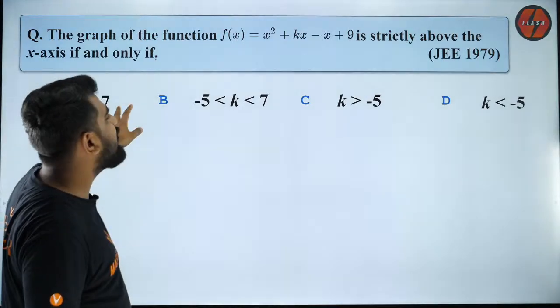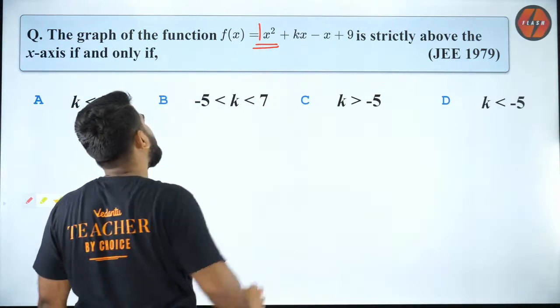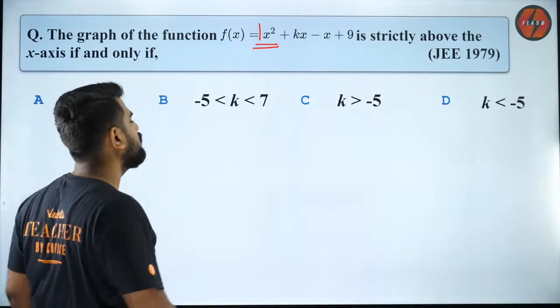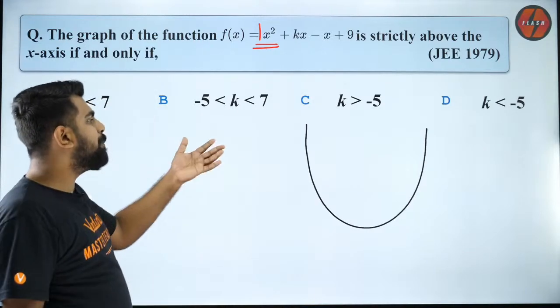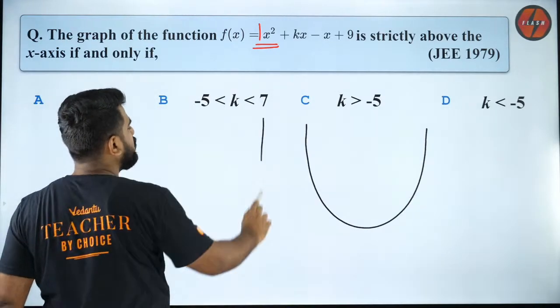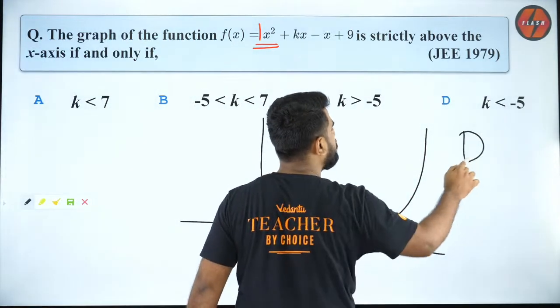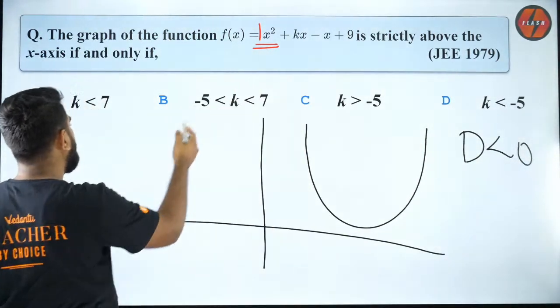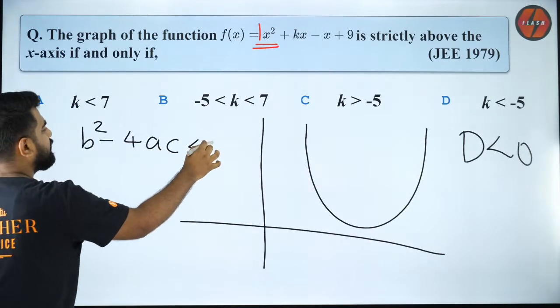So how do you solve this question? This is a quadratic equation which has the leading coefficient as 1, which is positive. So when your leading coefficient is 1, the graph will be an upward opening parabola. If it is an upward opening parabola and it has to be strictly above the x-axis, that means your discriminant must be less than 0. What is your discriminant? b square minus 4ac should be less than 0.